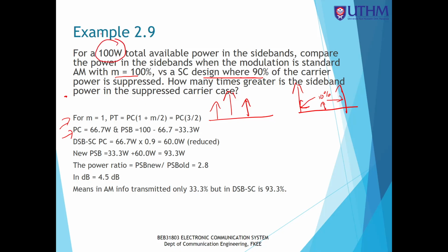So Pc is equal to 66.7, and the remaining is for both sidebands, which is 33.3 watt.